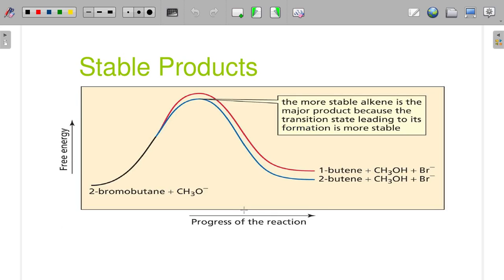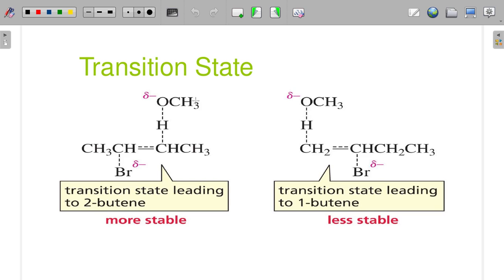All right, now, the biggest reason it leads to our major product is because we need to make a stable alkene. Now, all alkenes are relatively stable, but it turns out the stability of our transition state factors into it. When we actually rip off our neighboring hydrogen, we need to have a transition state that's relatively stable.